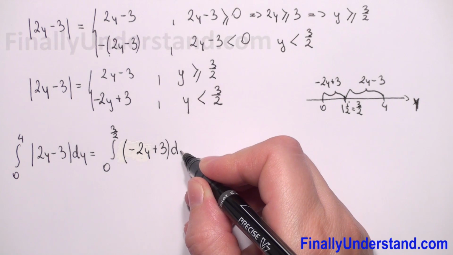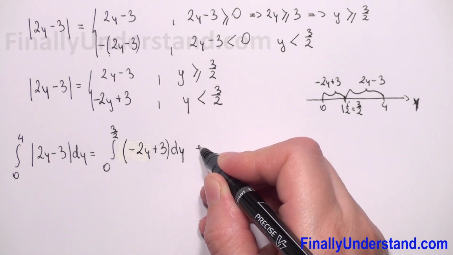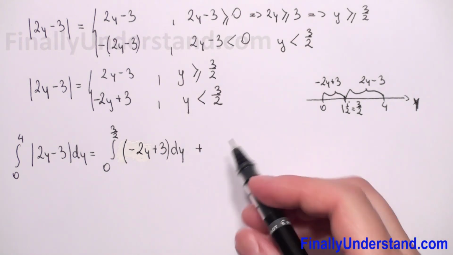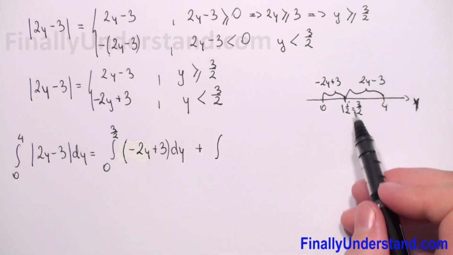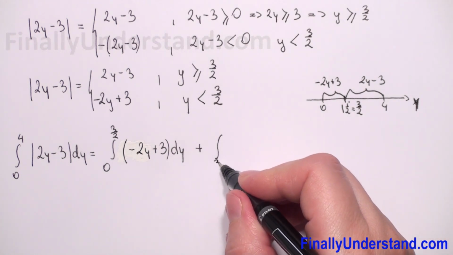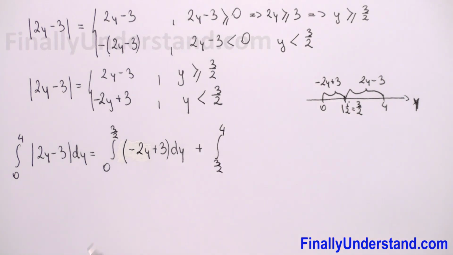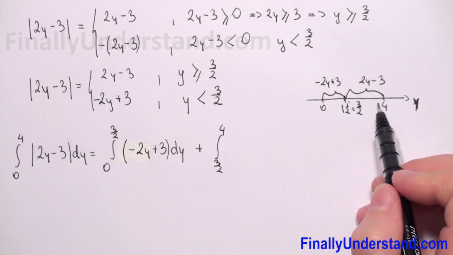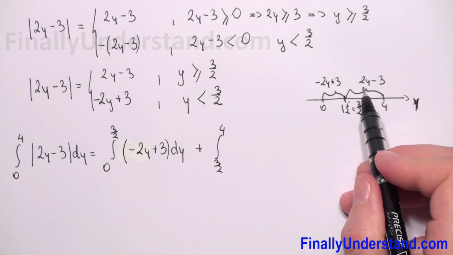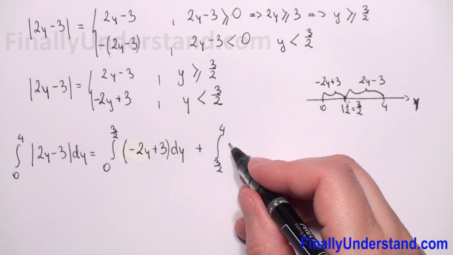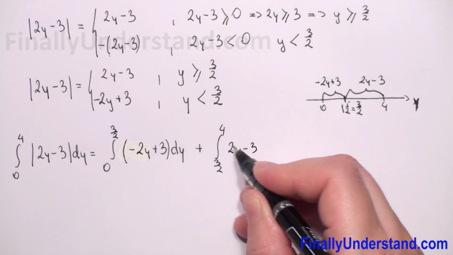Our integral is with respect to y, plus, now we have the integral from 3 over 2 to 4. And for this interval, we need to use the expression 2y minus 3.